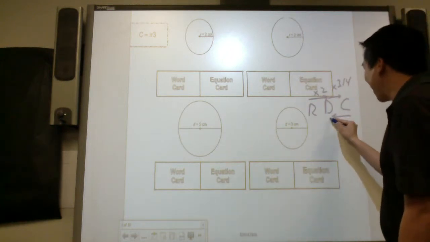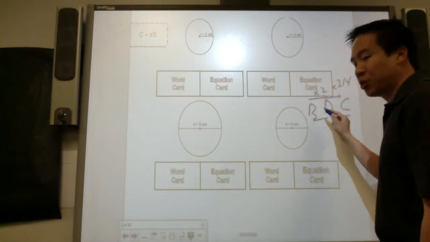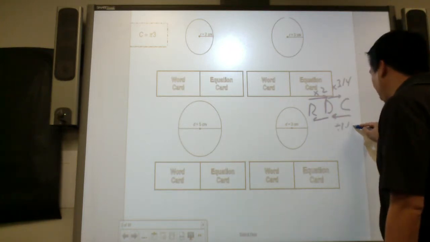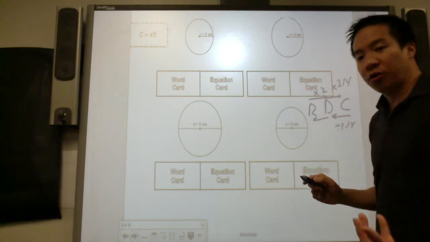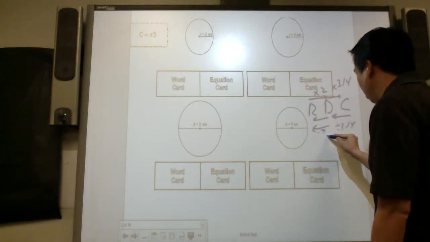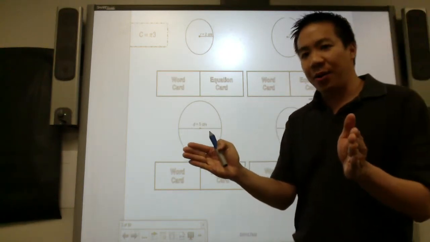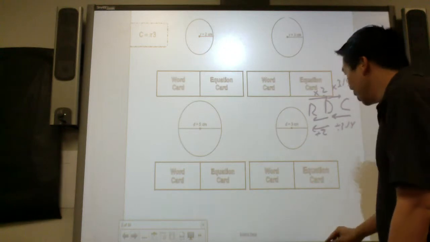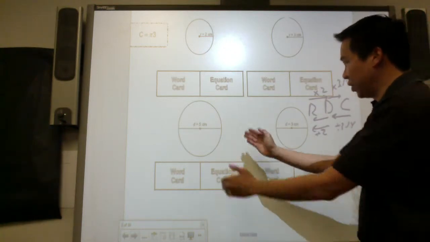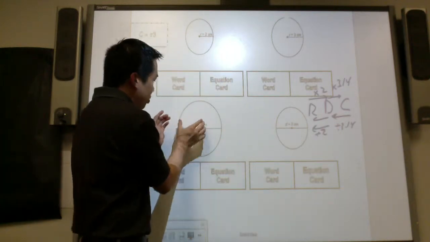But what if you have to go backward and break it down? To break it down from circumference to a diameter, you divide by 3.14, or pi, or 3 if you want to estimate. And to turn a diameter to a radius, you divide by 2, because remember, you cut a diameter in half. So here's a radius.